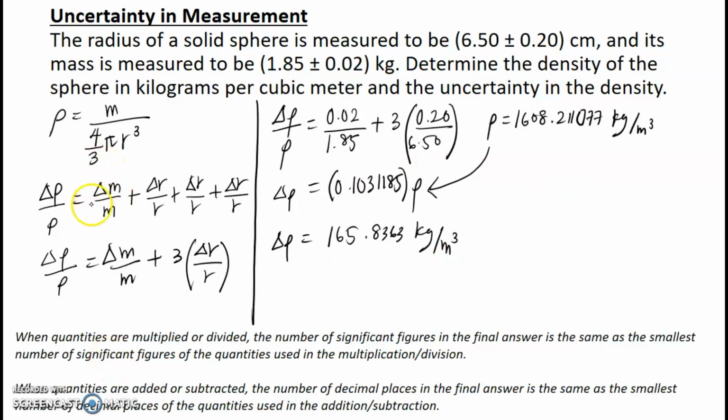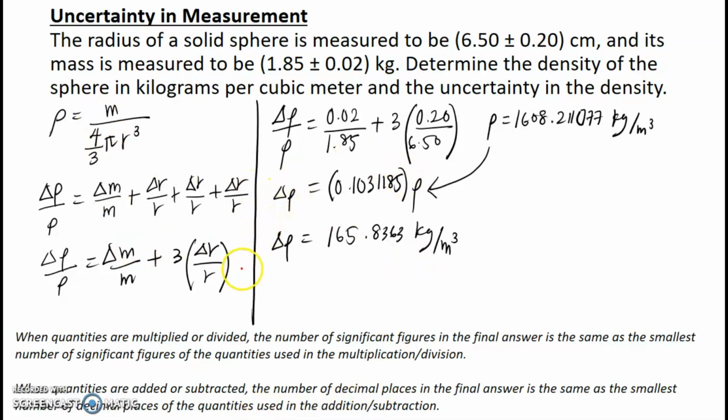For the uncertainty, as you can see here, these are additions of fractional error, so we will be looking at the second rule. When quantities are added or subtracted, the number of decimal places in the final answer is the same as the smallest number of decimal places of the quantities used in the addition or subtraction.